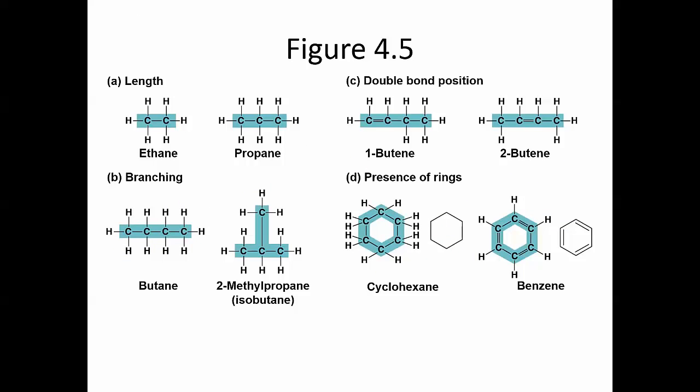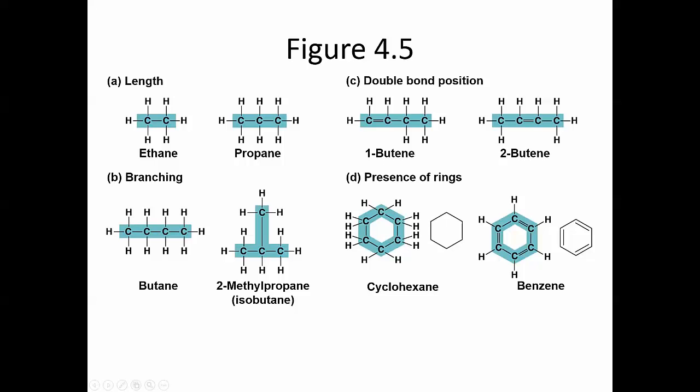So there are a number of ways that organic molecules can vary in terms of their backbone. The length can vary. Notice ethane and propane. The position of a double bond, so where the double bond is, can vary. If there are branches, and also whether or not there are rings present, like this benzene ring that we see on the right side of the screen.